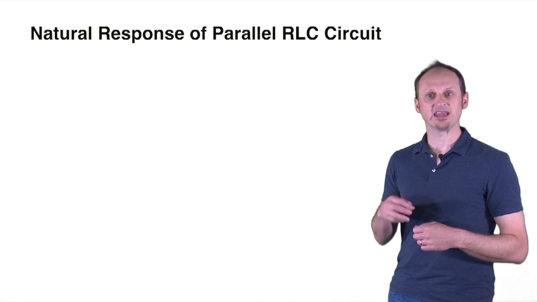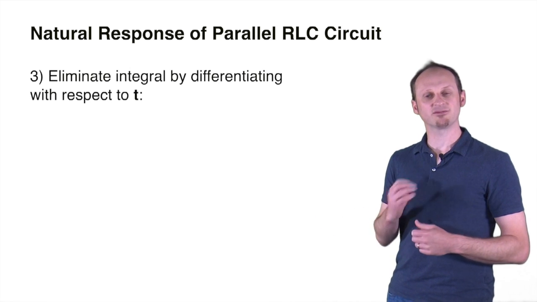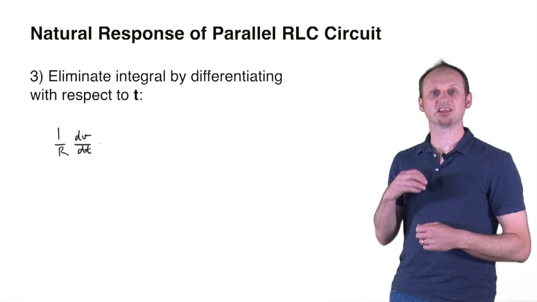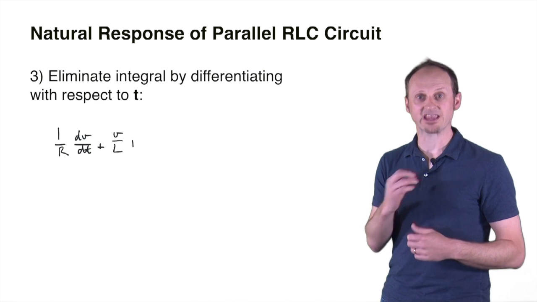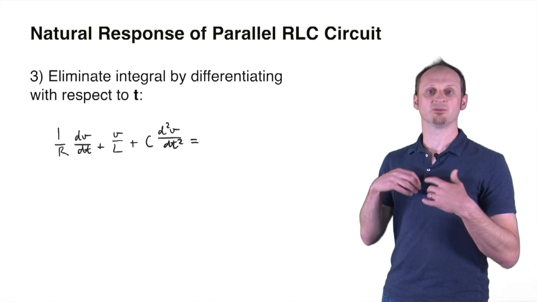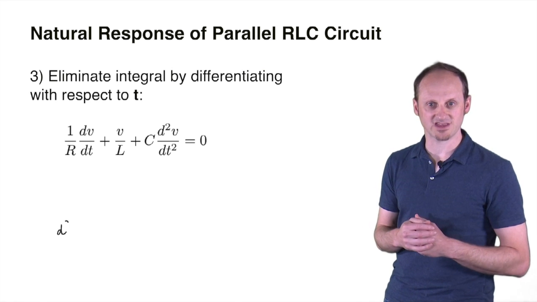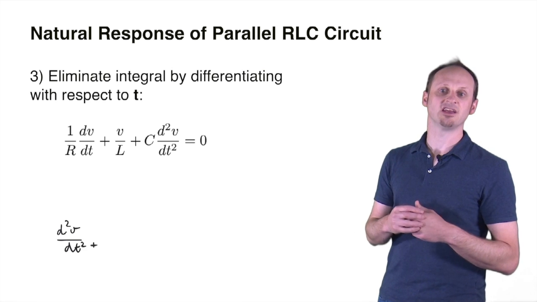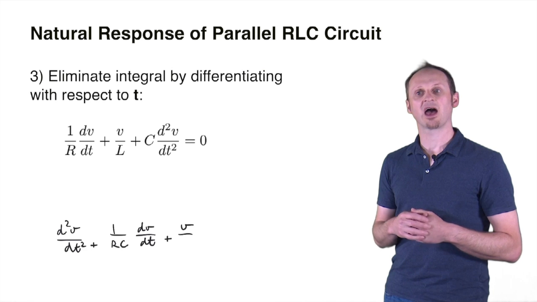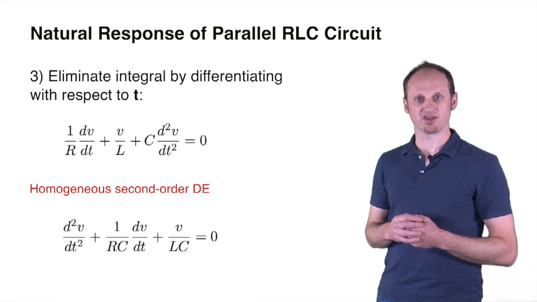We can further eliminate the integral, because, I mean really, who likes integrals, by differentiating with respect to t. And when that happens, we can see clearly that we end up with a second order derivative as part of this expression. We can manipulate the equation a little bit further by dividing through by C, arranging the derivatives in descending order, just for clarity, and we end up with a homogeneous second order differential equation.